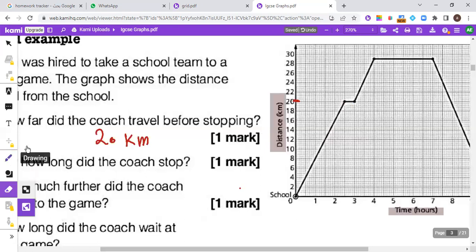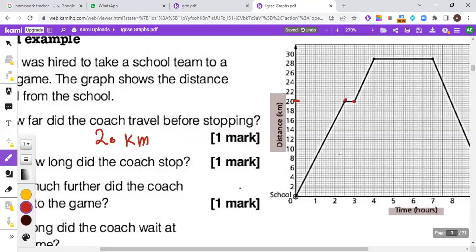So he stops from here to here. What do you think? 20 over 3.